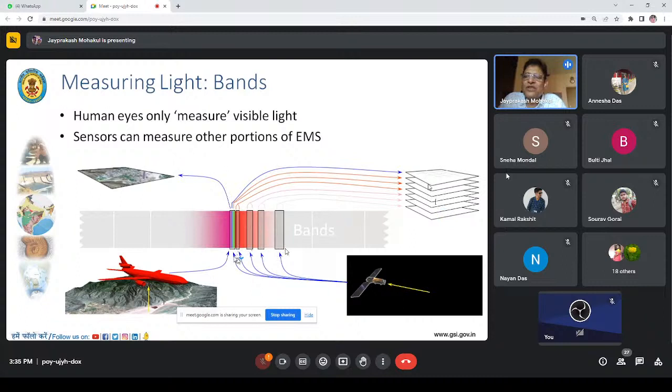One is 0.4 to 0.7, another is 0.7 to 0.9, another is 1.1 to 1.4, right? So I have three different arrays of numbers, digital numbers, right? I assign a blue color gun to this, a green color gun to this, and a red color gun to this. I get a color image. So a color image is basically a combination of three different rasters. Have you heard of raster and vector?